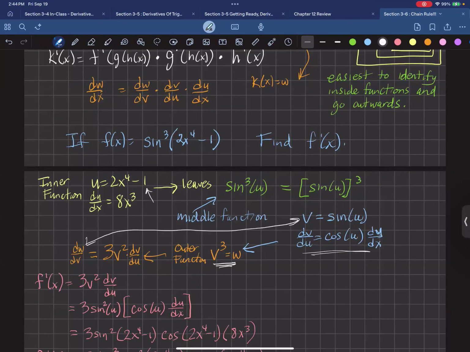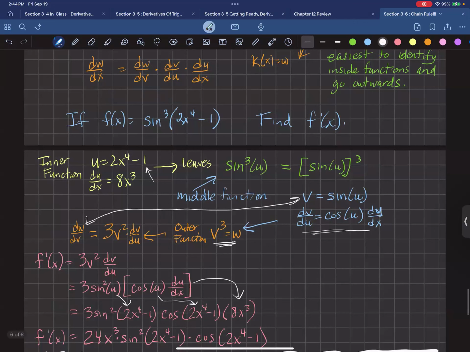So I'm replacing u with 2x to the fourth minus 1. And my du dx, I calculated as 8x cubed. And so to put it all together, I moved the 8x cubed to the front with the 3 to get the 24x cubed. And then I had my two trig functions.